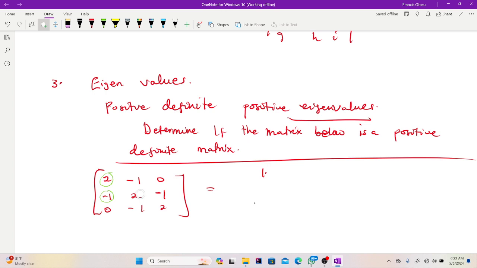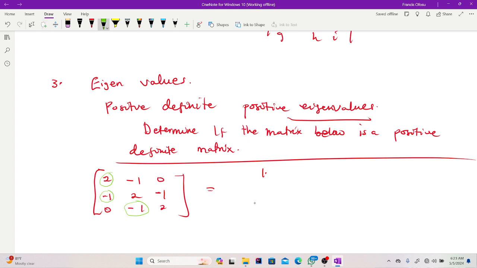Then when I come to this side, this is the third non-zero entry. This is also 1. So in this test, you realize that this matrix will fail to be a positive definite matrix.